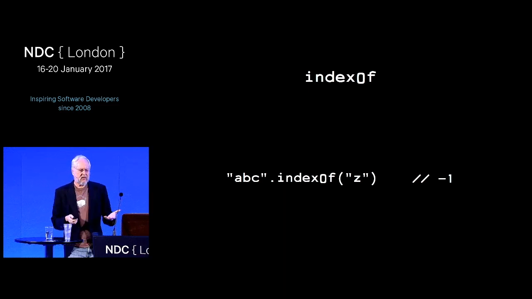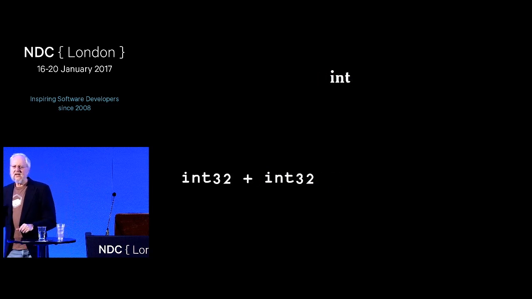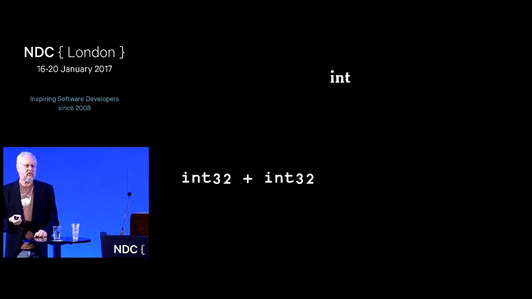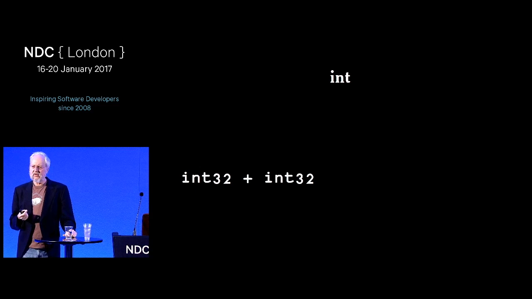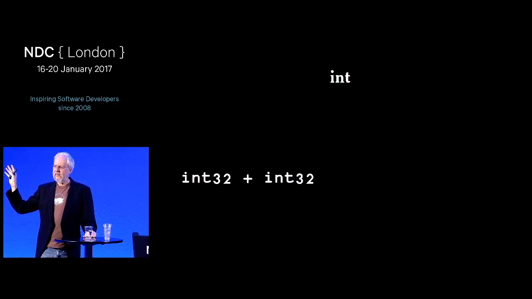So let's talk some more about types and ints. So what is the type of the result of adding two int32 together? Anybody know? What is the true answer?